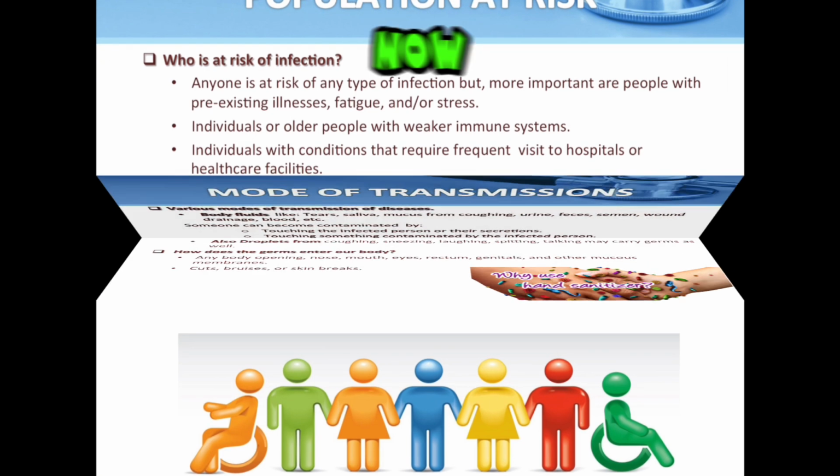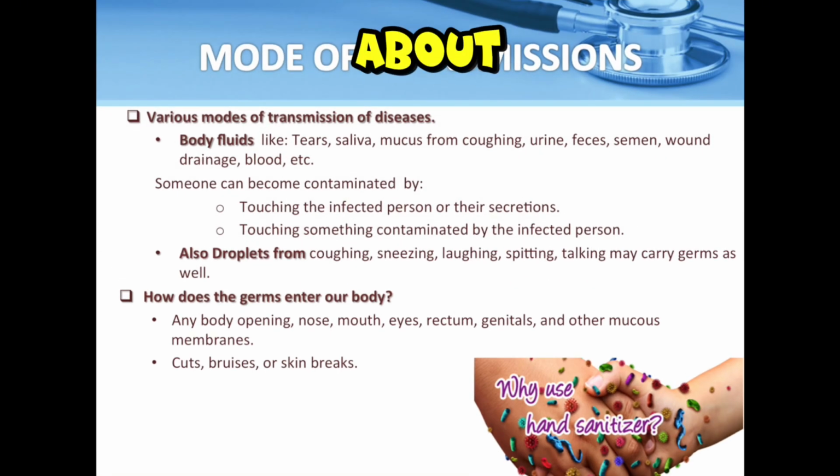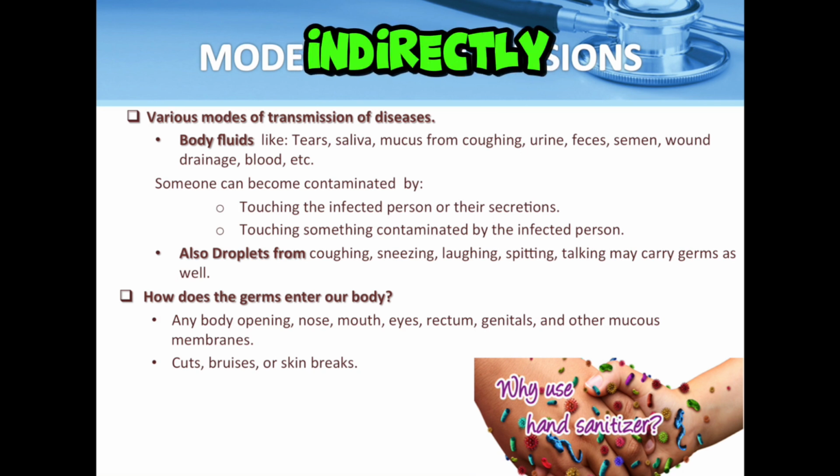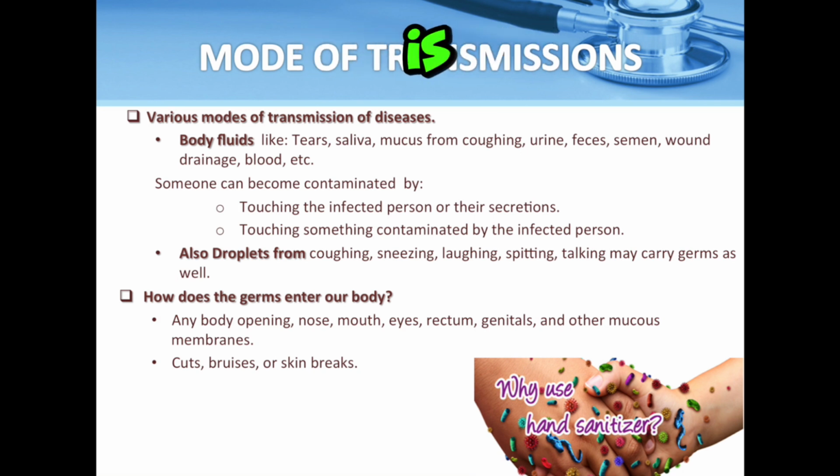Now let us talk a little bit about the mode of transmission. There are different ways disease can get from one person to another. It could be directly or indirectly. Body fluid is a great way people can share germs.